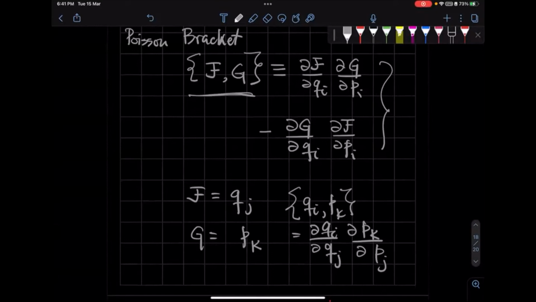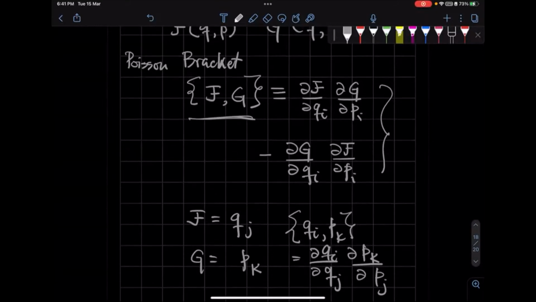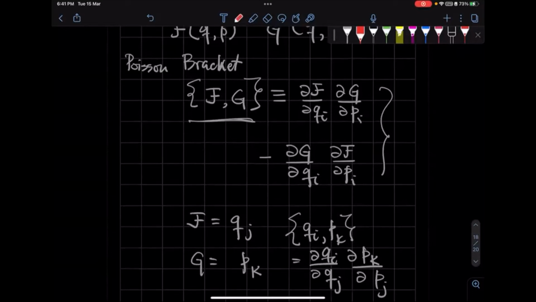If I replace f with g, and g with f, then we see that over here we have del g over del qi, which is this factor, and here I will have del f over del pi, which is this factor.